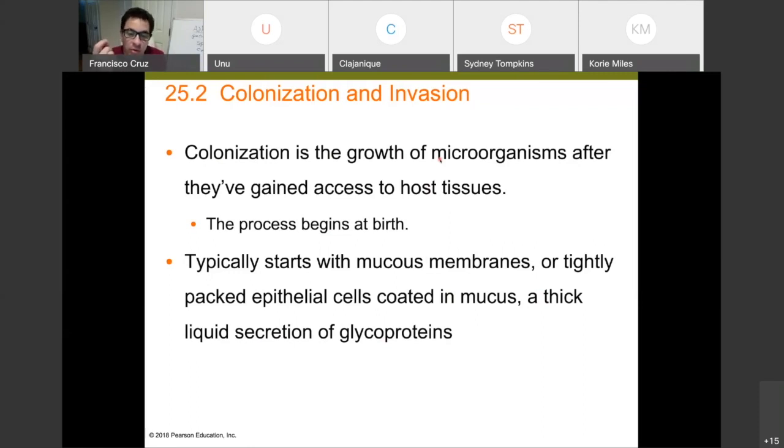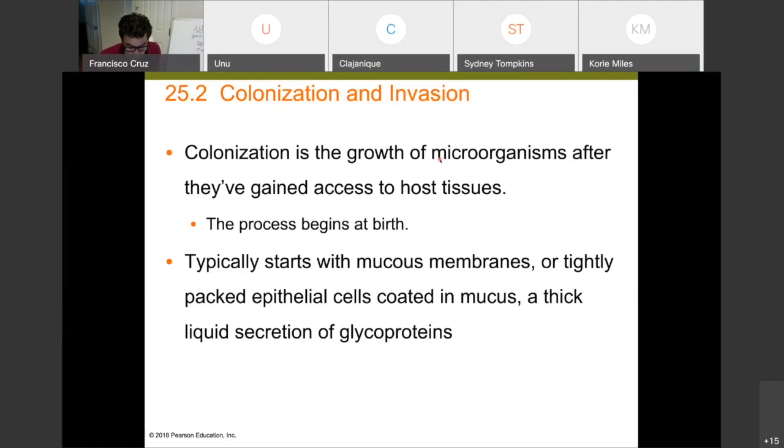So every one of these portals of entry needs to be structured so that it defends against unintended microbial growth. In the upper respiratory tract, we have mucus. Mucus naturally inhibits microbial attachment because it's a fluid, it's moving, it's constant. So it's hard for the microbe to get access to the epithelial cells if the mucus is there.